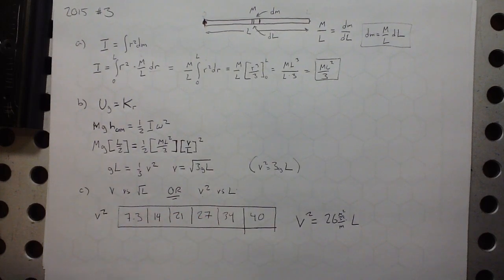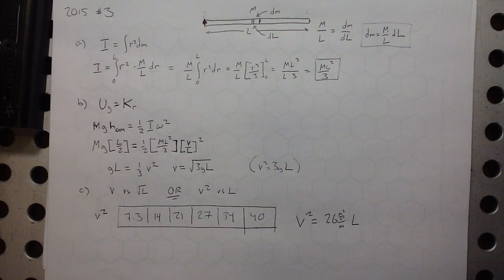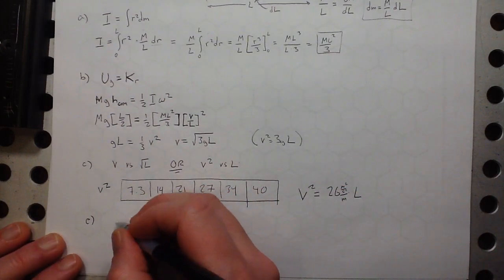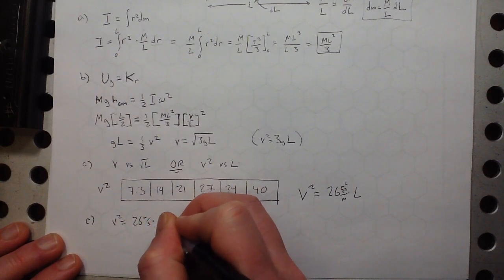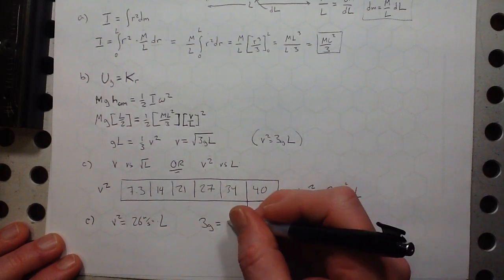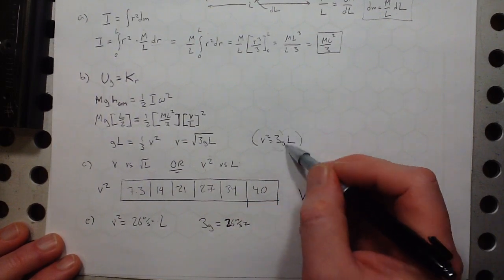And let's see where we are in the problem here. So you plot that, make sure you got all your axes. They left it wide open for you for scaling and axis labeling. And using my straight line, determine the experimental value for g. So if v squared is equal to 26 meters per second squared times L, this 3g is equal to 26 meters per second squared, right?